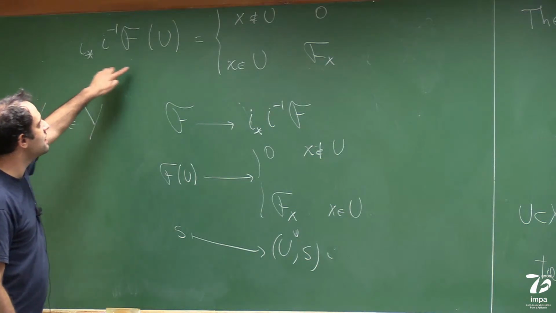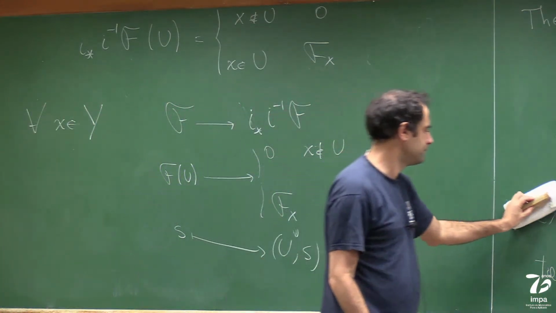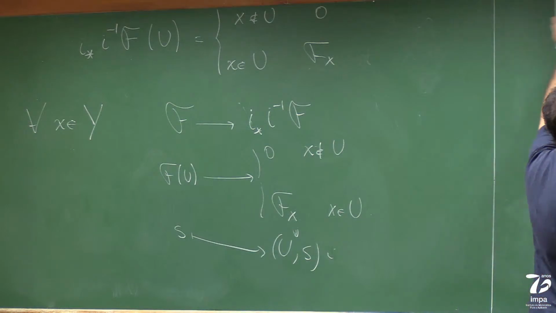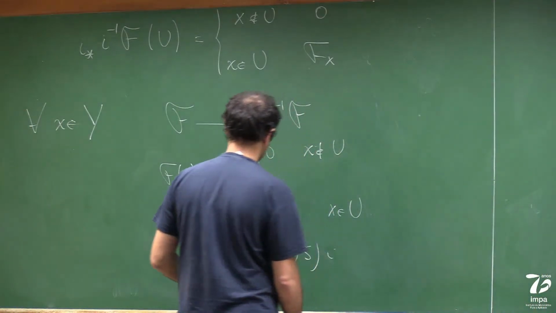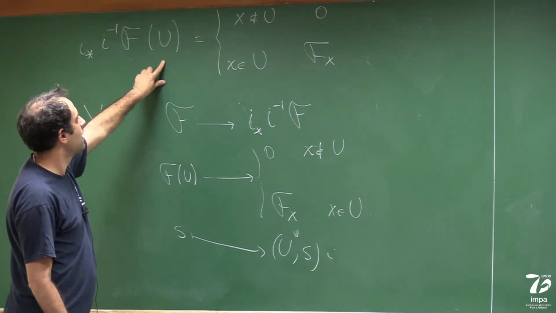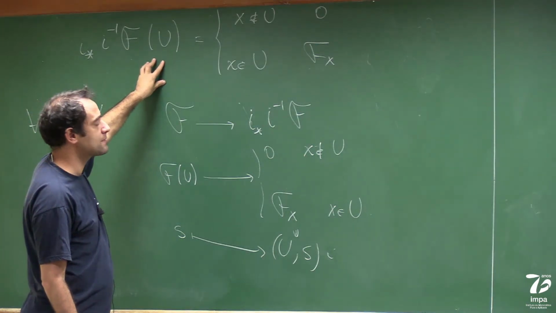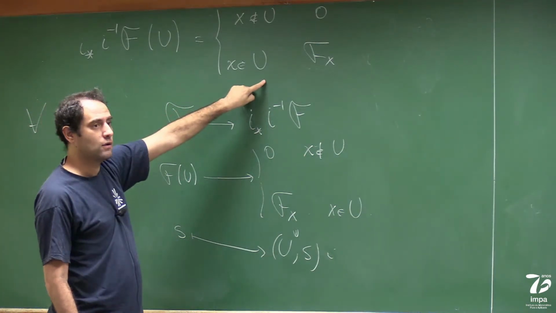Now, this is clearly a surjective map of sheaves. With our definition of surjective, let's take a section of this sheaf. Any non-trivial section of this sheaf is a global section. It's a section of the whole space. This X is in the whole space.